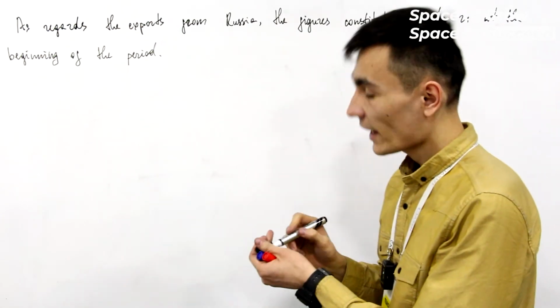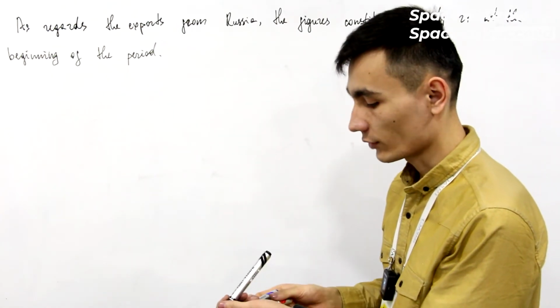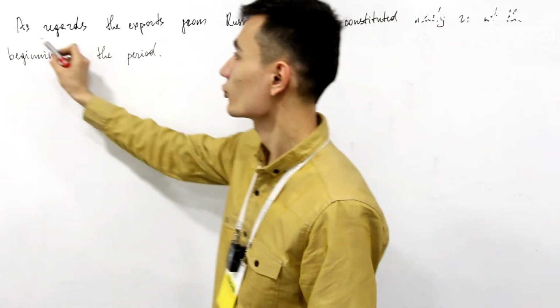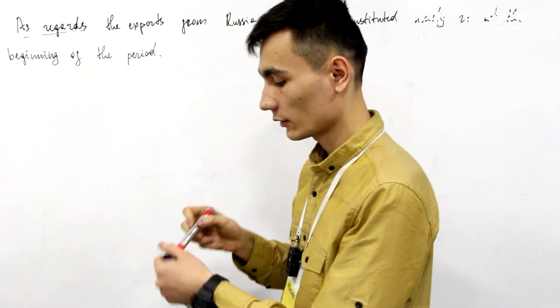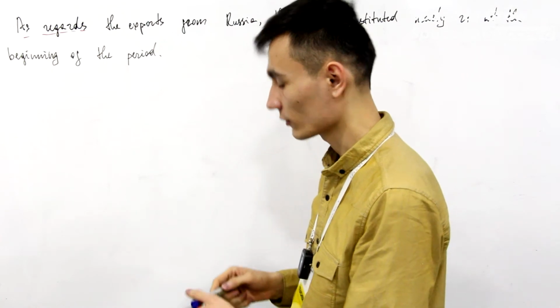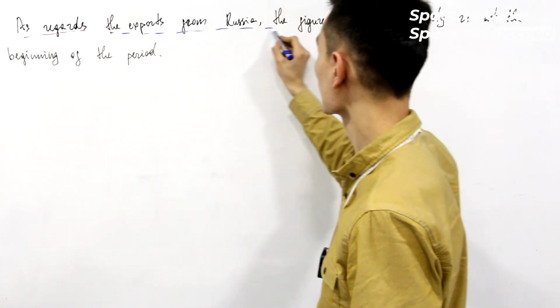So as you see, I wrote "as regards the exports from Russia," because we have to introduce it and give the category. So this is our category, exports from Russia.